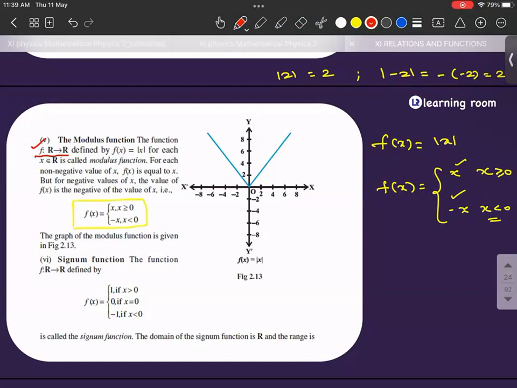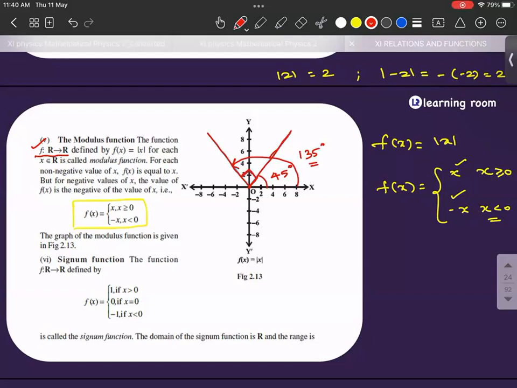And when you plot it on a graph sheet, for x equal to 0 and the positive values of x, you get f of x is equal to x, which is a straight line passing through the origin, making an angle of 45 degrees with the x-axis. Whereas when you have f of x is equal to minus x, it is a line passing through the origin, making an angle of 135 degrees with the x-axis, meaning x and minus x will be perpendicular to each other.